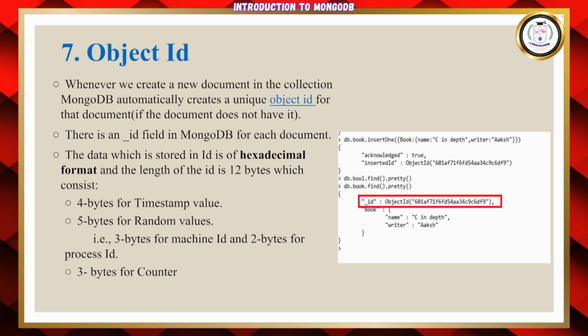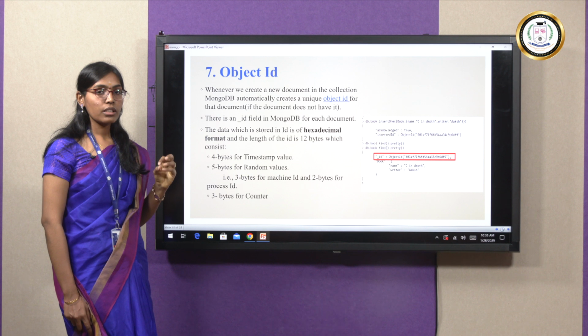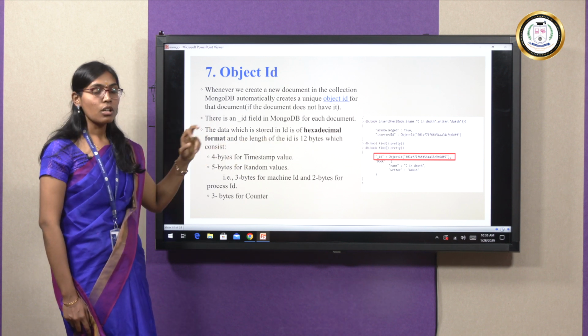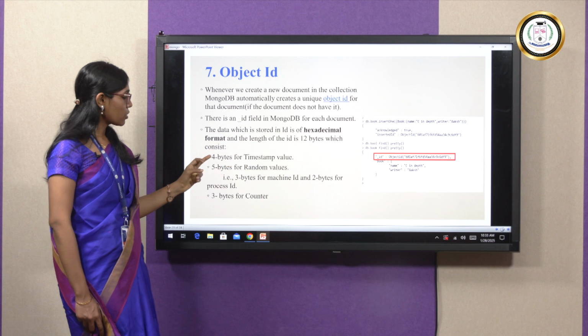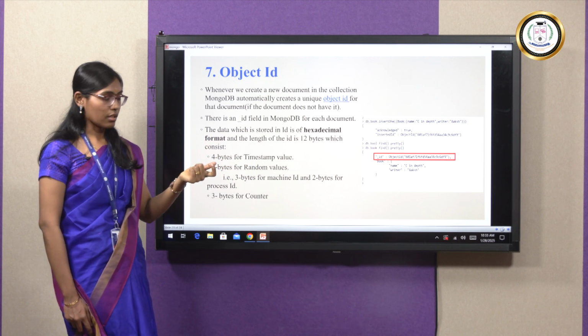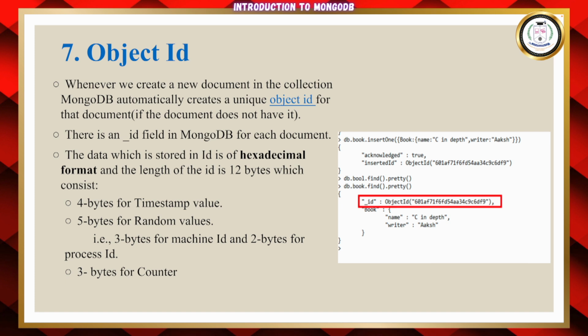And the last one is your ObjectId. As I said, it is an identifier which uniquely identifies your document in MongoDB. For uniquely identifying it, there is a 12-byte hexadecimal value. Out of these 12 bytes, 4 bytes consist of the timestamp value of when it was created, and 5 bytes consist of a random value.